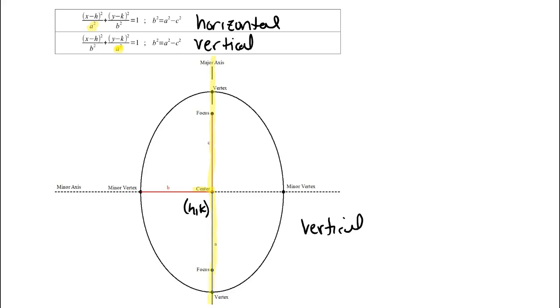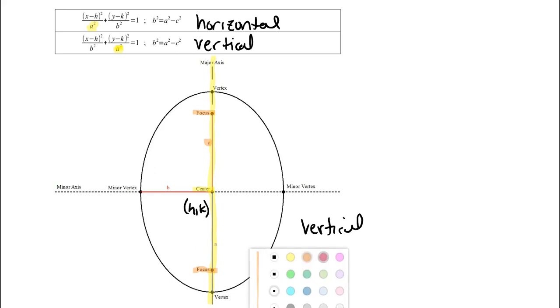And what you'll find is that we have foci that are above and below the center, equal distance, that distance of C away. So the distance between the center and the focus is C.